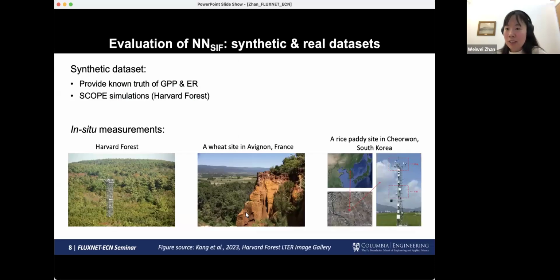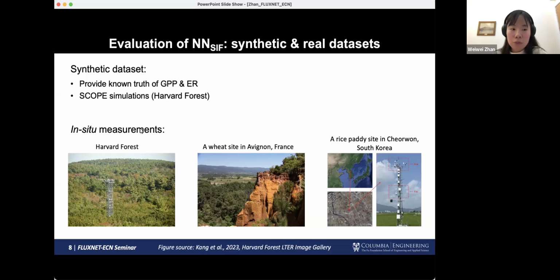And to evaluate these different partitioning methods, we use both synthetic data and also real in situ measurements. The reason we start from synthetic data is because in reality, we don't know the truth of GPP and respiration. So we run the SCOPE model at Harvard Forest during its growing season to get the synthetic data to test if our model can function normally under a simplified setting.